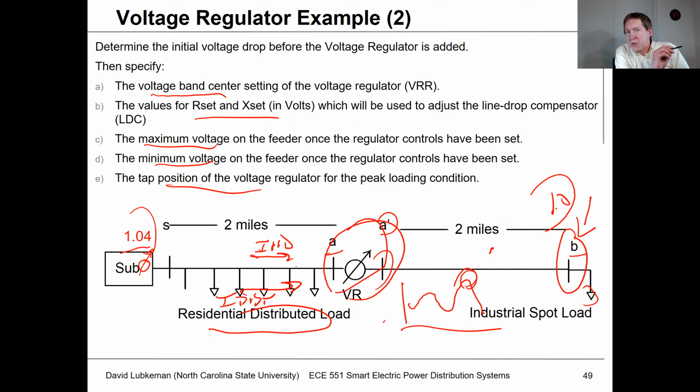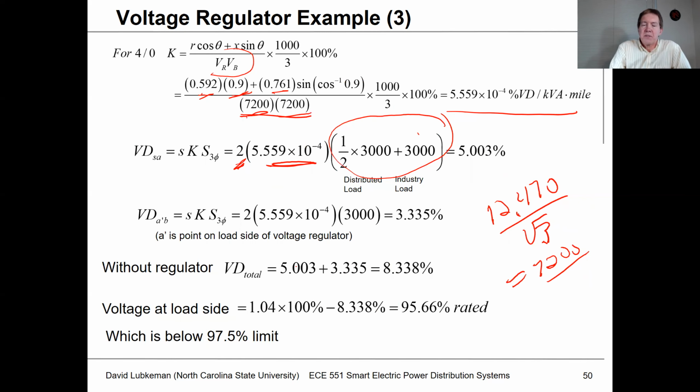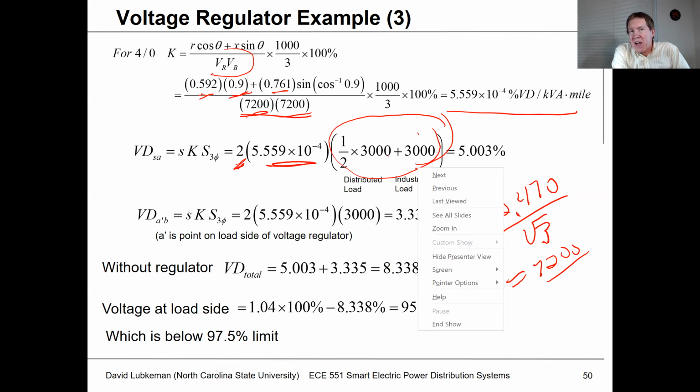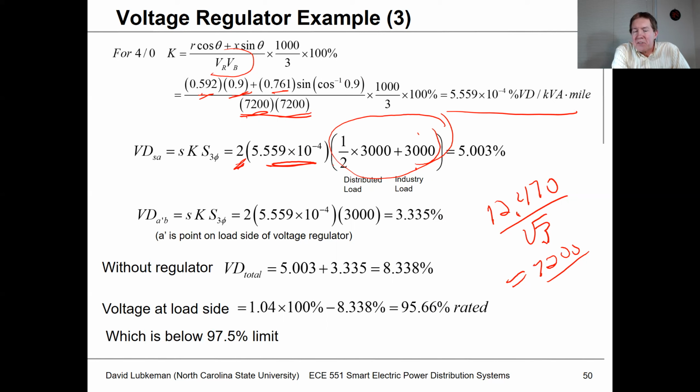So there's two different load components. As far as the net load, I've got whatever's below, which is the industrial load, and then whatever's on that line segment, which is this 3,000 kVA of distributed load, which I have to divide through by a factor of 2 because it's distributed. And so this gives me a drop in the first section of about 5%.